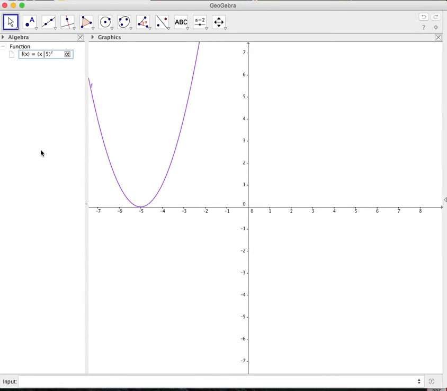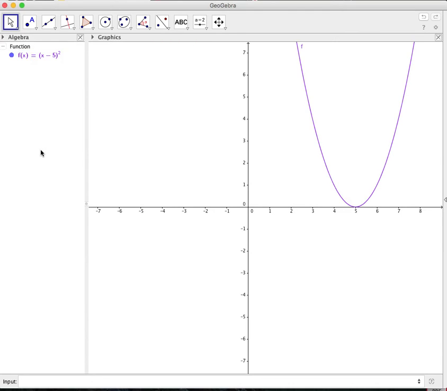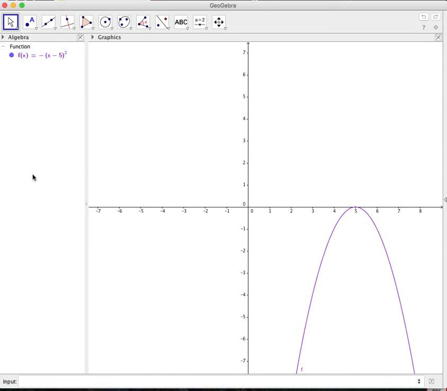What happens if it's x minus 5? Then it should go the other way, and it does. Positive 5 minus 5 is 0. That's great. Now what happens if I put my negative sign in? Does it flip like we did before? It flips it.